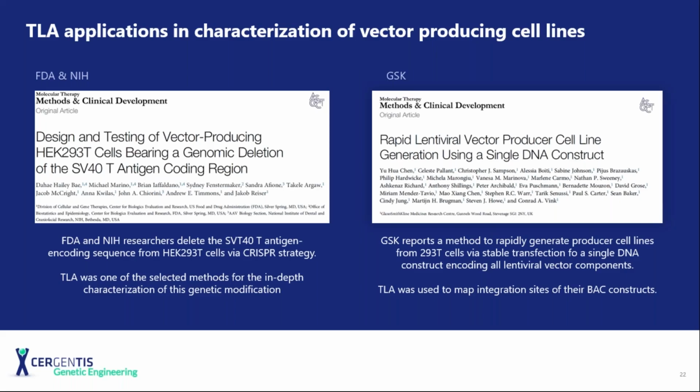For the example from GSK, a rapid lentiviral vector producer cell line was generated. And in the example of the FDA, a specific antigen encoding sequence in HEK cells that was altered using a CRISPR strategy was further validated.